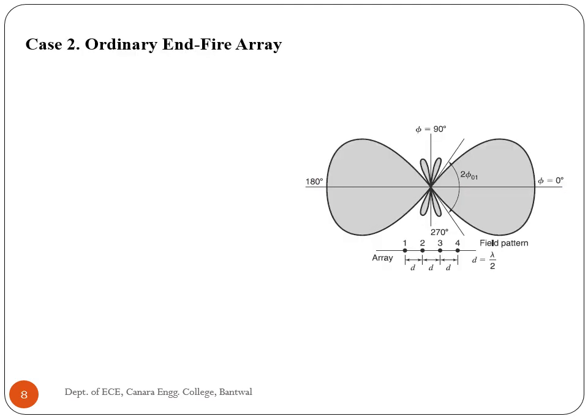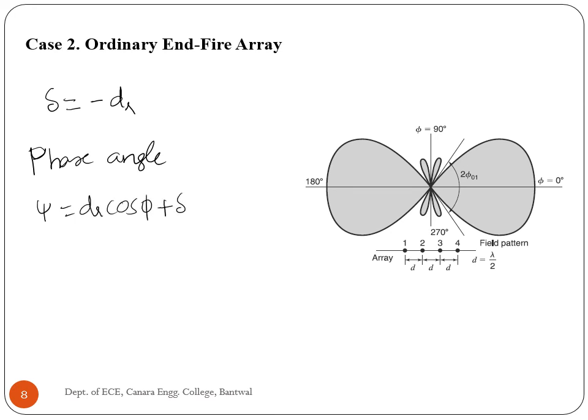In end-fire array system, the peaks should be along the axis and distribution is uniform on both the sides. We can see in the figure. The condition for end-fire array system is delta is minus dr. Therefore, we can say that phase angle xi equal to dr cos phi plus delta.